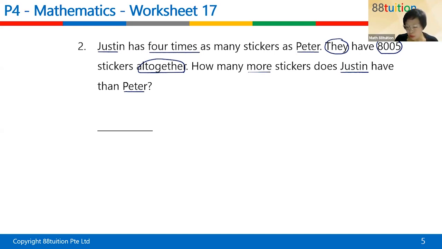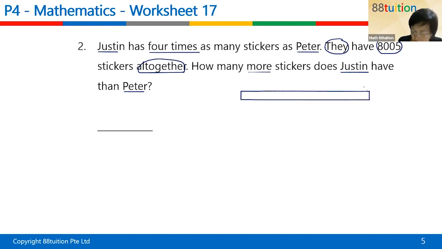Now, if you were to draw a model for this, you will have 4 units for Justin. So let's take a look. How can I present this? In a drawing model, I can have 4 parts, and these 4 parts are meant for Justin, and 1 part is only meant for Peter.